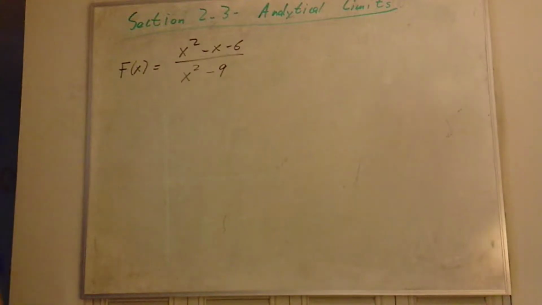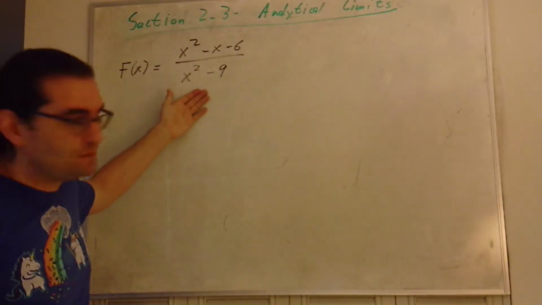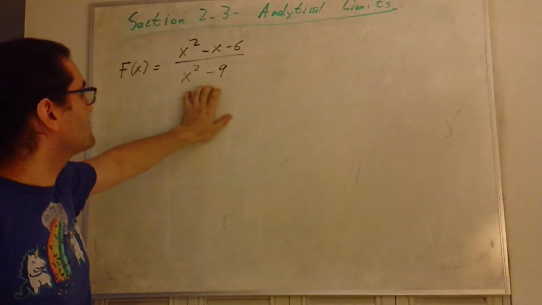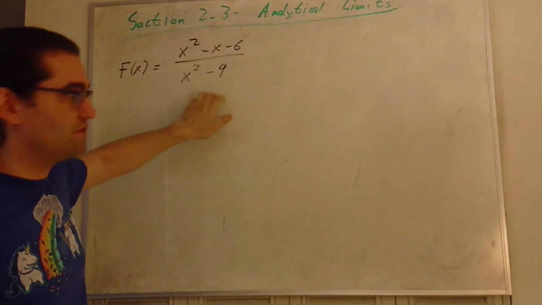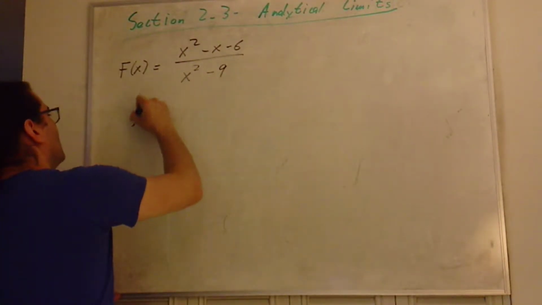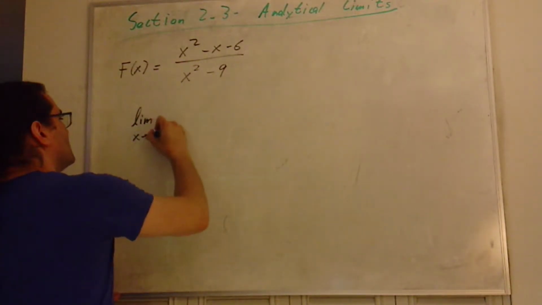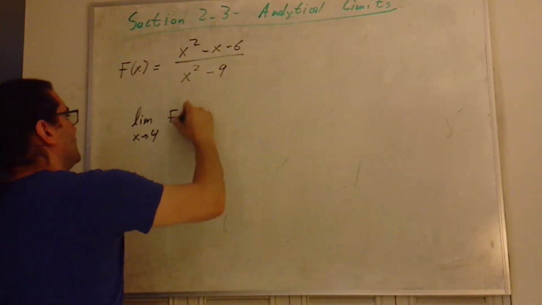There we go. That'll work. Okay. Hopefully you recognize this as a rational function. We're going to look at the limits of what's going on in this rational function. So the first thing I want to talk about is the limit as x approaches 4 of f of x.